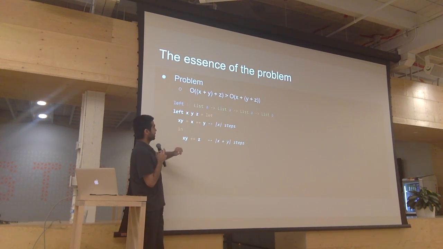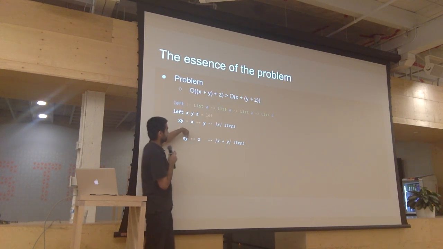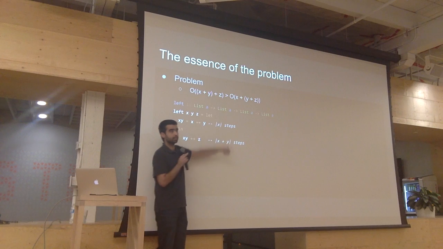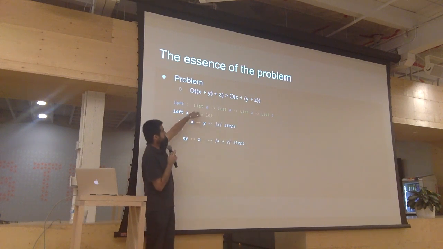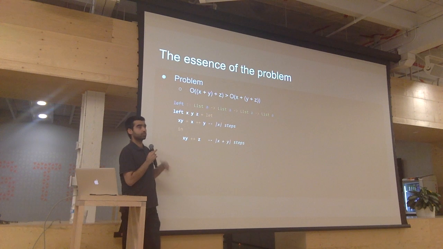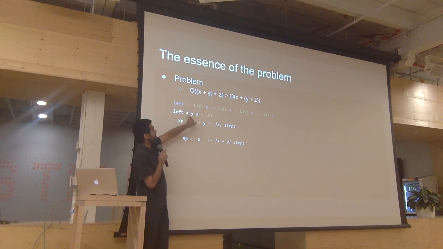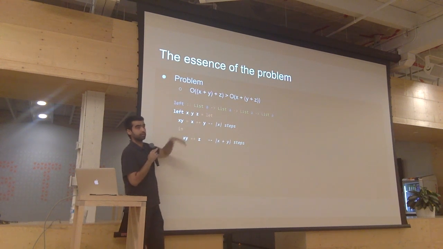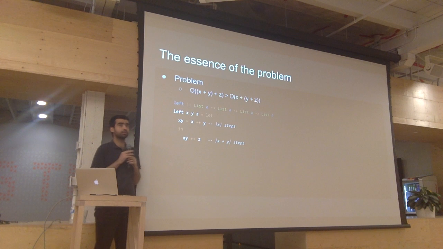I'm calling it xy, and then take this xy and append it with z. And now this will take xy number of steps, but the size of xy is x plus y, right? So total cost spent here is 2x plus y, right? So twice the size of x originally plus the size of y in this left associated view. Is that clear to everyone?